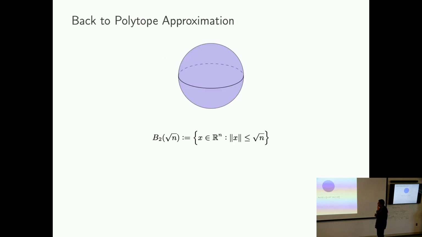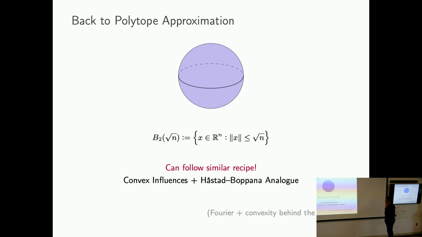I'm not going to tell you what this notion of influence is, but it turns out to line up with exactly what happens in the Boolean setting. So you can follow the exact same recipe. We have this notion of influence. The value turns out to be root n for the L2 ball. And we prove an analog of this Håstad-Boppana result for polytopes.